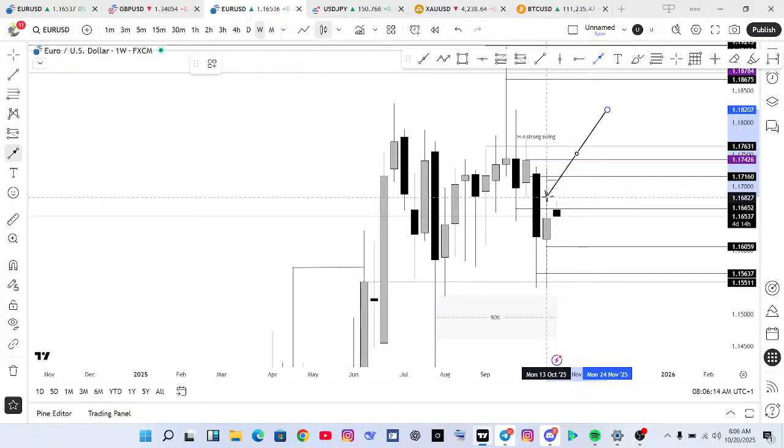Now a fair value gap on a higher time frame like monthly, weekly are internal range liquidity. So when the candle opened last week, the market went straight up to clear all this internal range liquidity and then tapped into a key level here.